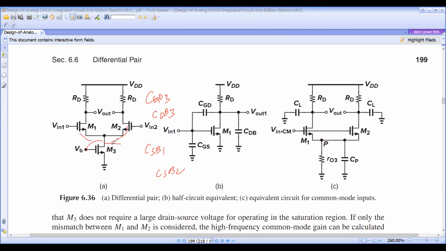So there are two capacitors because of the third transistor, and the rest are because of each transistor.